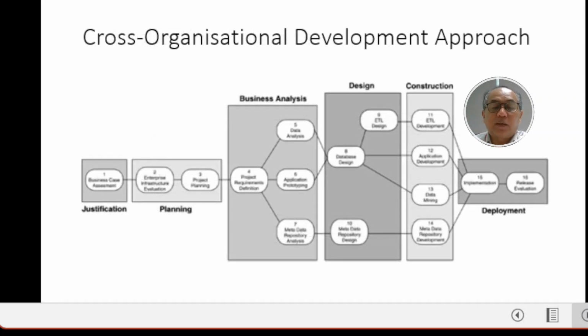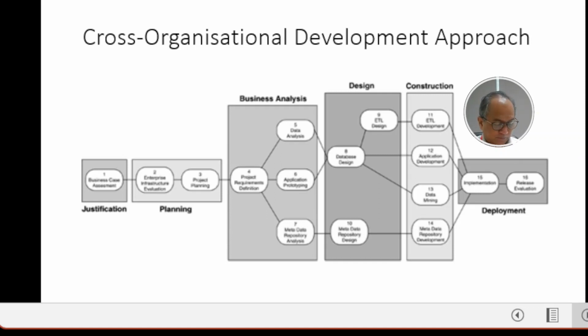So this is the chart for the cross-organizational development approach. We do business cases so that we can justify the development of the system. We look at the business cases, and then we do planning.